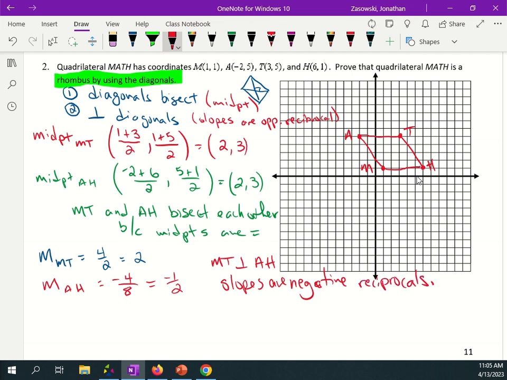And is that enough now to say that the whole thing is a rhombus? Okay. So do you see that if we're not using the 4 distances, it's a little bit more work? So it's doable, but it's just a little bit more. Go for it.